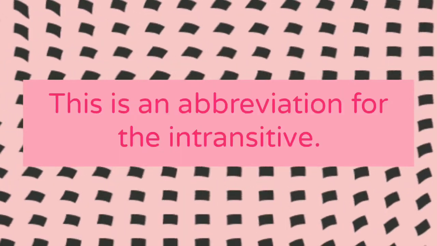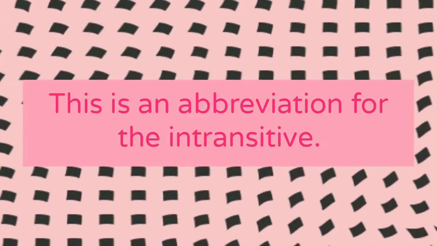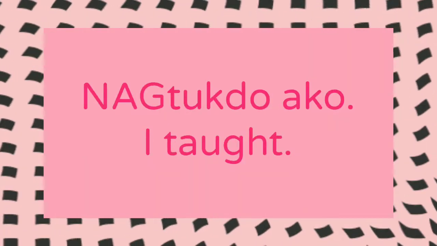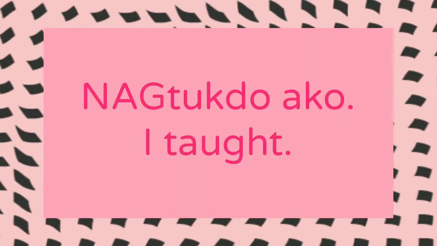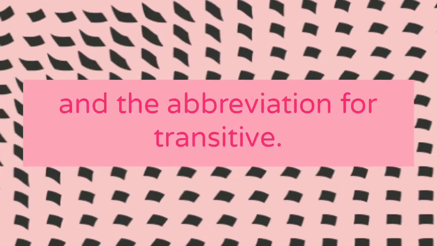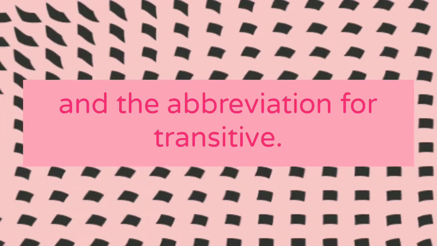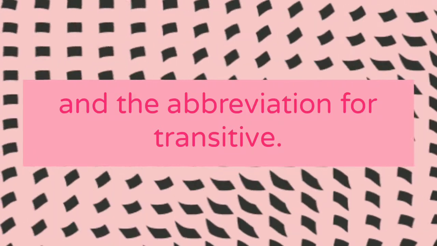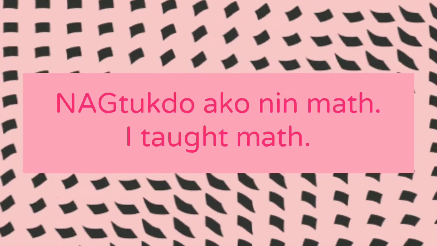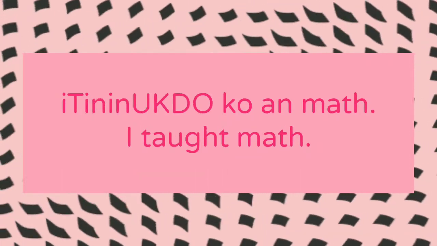This is an abbreviation for the intransitive. Nagtukdo ako. And the abbreviation for the transitive. Nagtukdo ako ning math. Itinukdo ko an math.